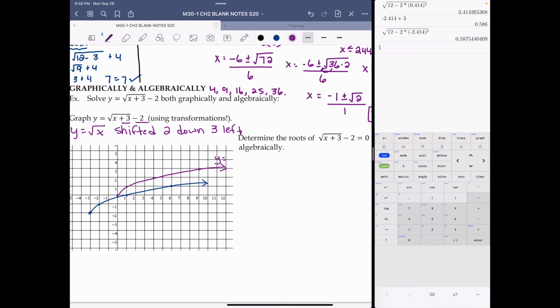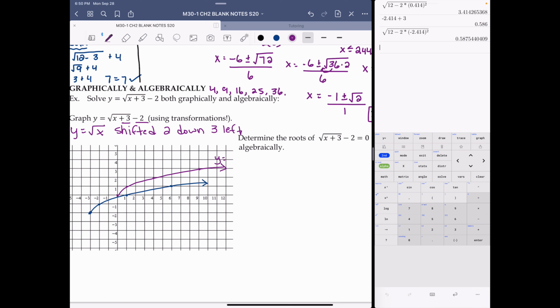And then algebraically, first step is to do our restrictions. Take the radicand, which is x plus 3, set that greater than or equal to 0, subtract 3 from both sides. X has to be greater than or equal to negative 3. Then we want to isolate the root.